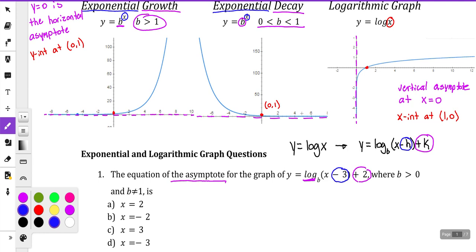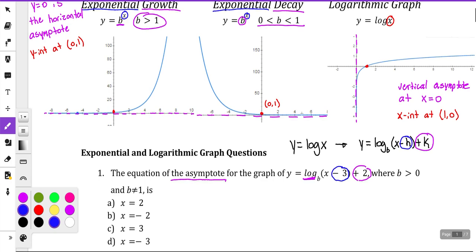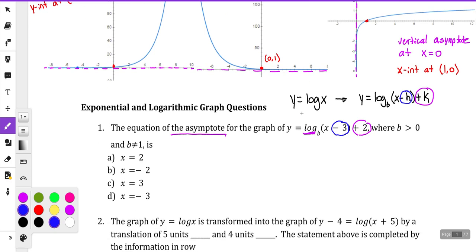Does anyone remember what these transformations are, what h and k do? Yeah. Horizontal and vertical translations. You got it. This 3 value is a horizontal translation, meaning the graph has moved left or right.